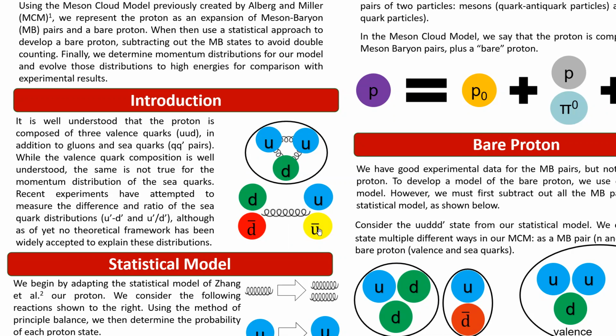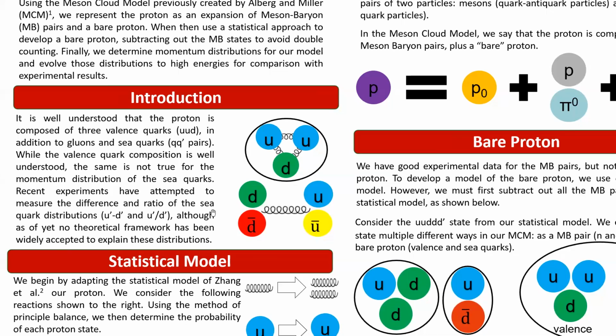An antiquark, for example, right here, this is an anti-up quark, which is the antiparticle of an up quark. Same with a down and an anti-down quark. So we know the proton to be made up of these valence quarks. Then we also have gluons, and we have quark-antiquark pairs, which we call sea quarks, because there are just a lot of them that are constantly popping into and out of existence, kind of like a sea of quarks.